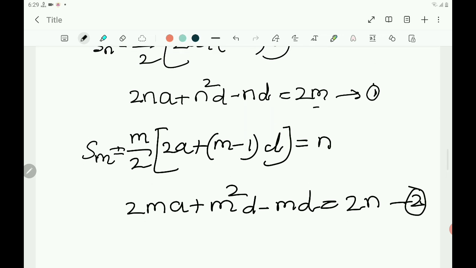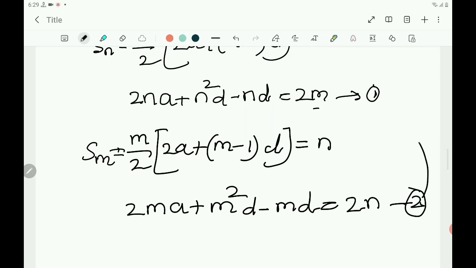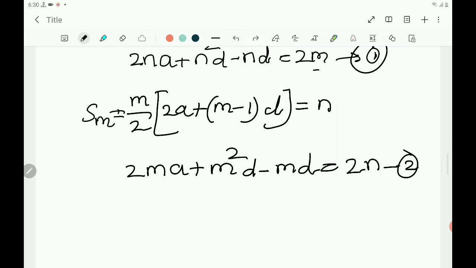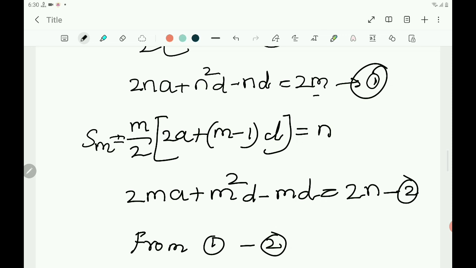Now let us do first minus second, which gives 2m minus 2n. So subtract LHS from LHS and RHS from RHS.